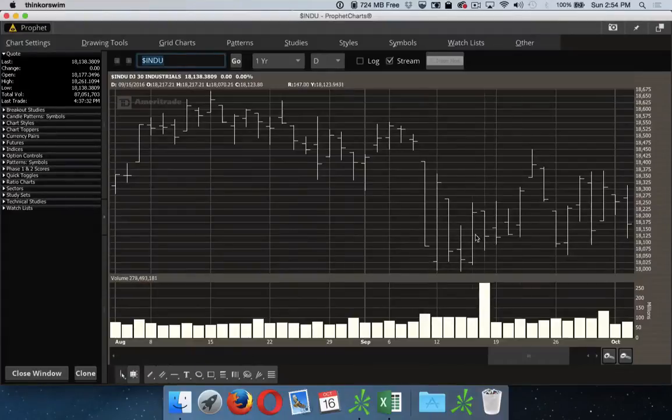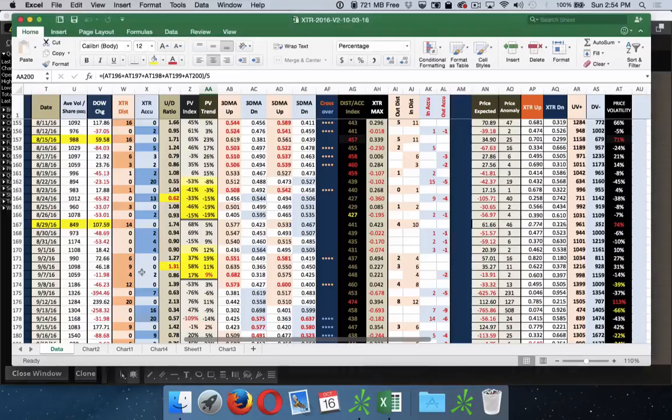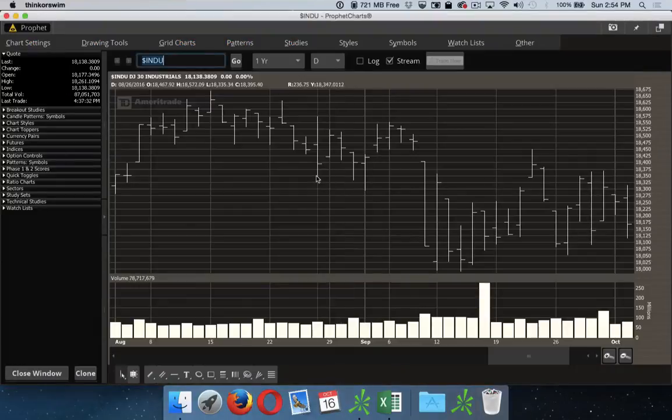So if we take a look at the 24th here, where are we? And then what month am I on? Yeah, but it shows intent. So here on the 24th, it shows intent that the market really wants to come down. So there was some accumulation.